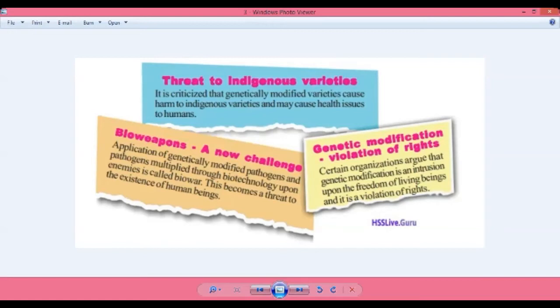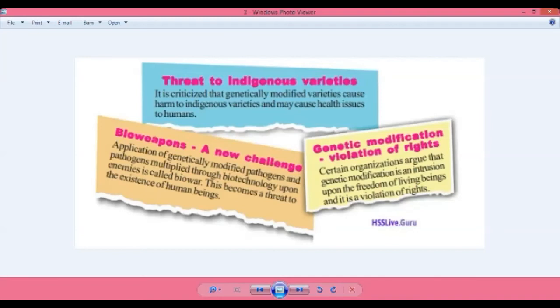Then genetic modification, violation of rights. Certain organizations argue that genetic modification is an intrusion upon the freedom of living beings, and it is a violation of rights. That means God has given us a particular genetic constitution, and we human beings have no right to change that genetic constitution.